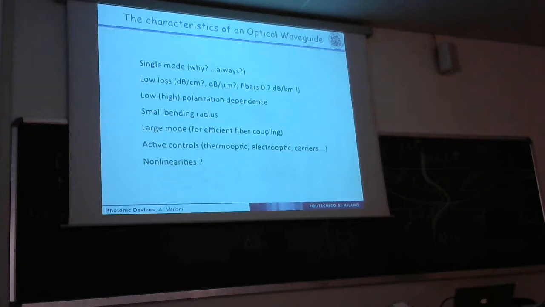And the other reason is that a larger waveguide has a lower loss. So if you have just a straight waveguide to cross your chip from one side to the other, maybe it's better to widen the waveguide a little bit, propagate it till the end, and then shrink, go back to the single mode.